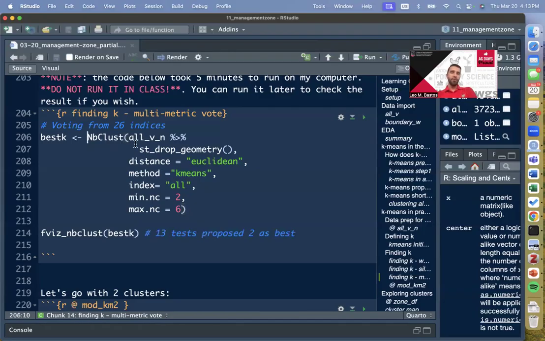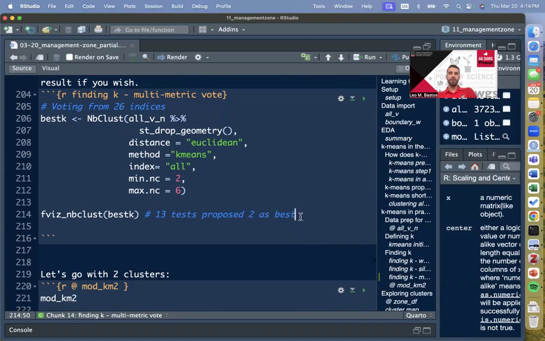At least the last time I ran it on my side, of the 26 indices that it tests, 13 of them, so half of them, the majority, propose 2 as the best number of clusters. And that's what we're going to use to continue here.